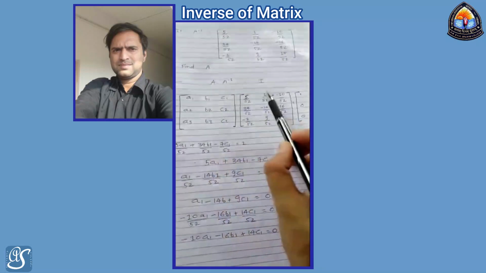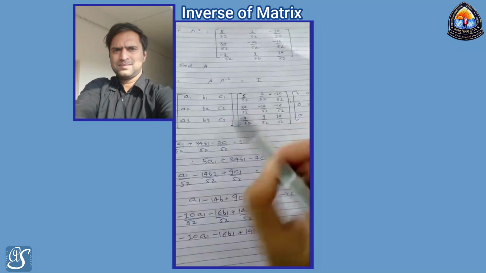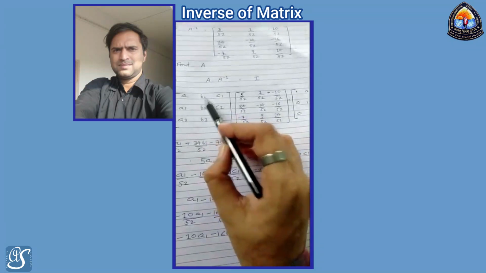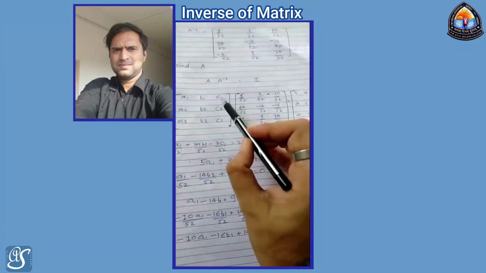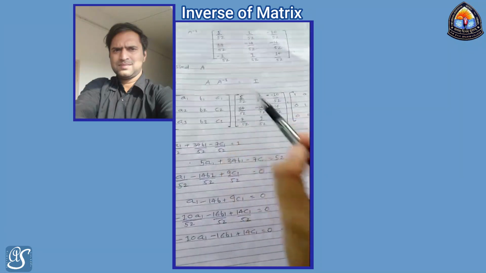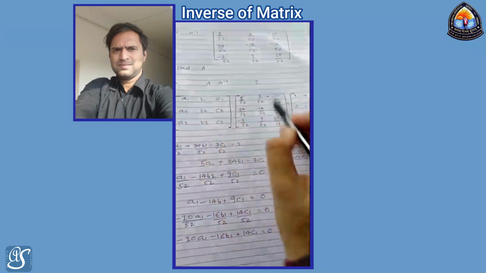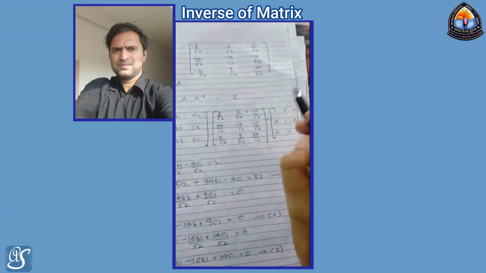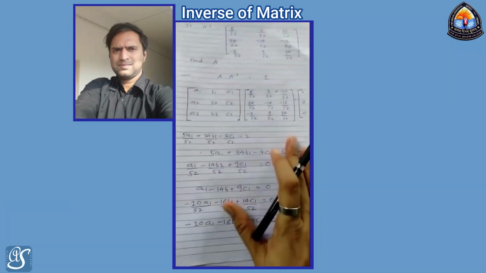Now first row, second column. A1 into 1 upon 52 means A1 upon 52, B1 into minus 14 upon 52, so minus 14 B1 upon 52, C1 into 9 upon 52, so 9 C1 upon 52. Now first row, second column compared with the unit matrix means is equal to 0.